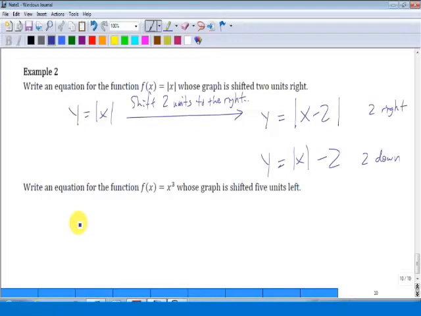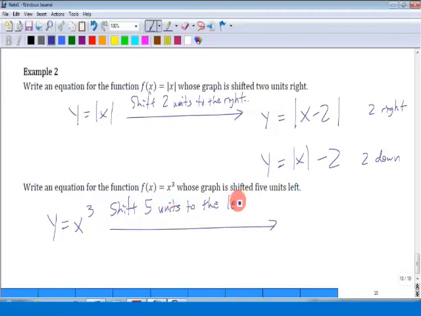Write an equation for the function whose graph is basically the graph of the cubing function. It looks just like the graph of the cubing function, just 5 units to the left of where the cubing function was. So if we begin with y equals x cubed, and then we shift 5 units to the left, you want to think substitution somehow.